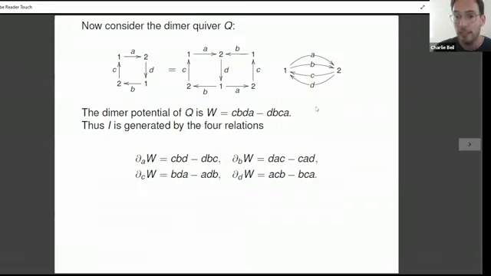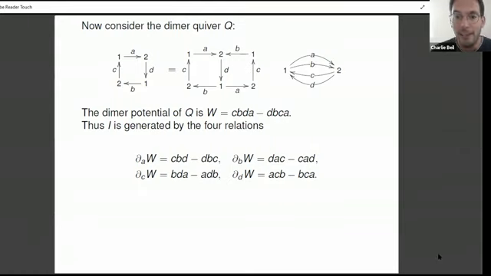And the 4 arrows, if you draw the quiver as a normal quiver, not on a surface, look like this. We call the arrows A, B, C, and D. And the dimer potential of Q, the clockwise unit cycles minus the counterclockwise unit cycles up to cyclic equivalence, is just CBDA minus DBCA.